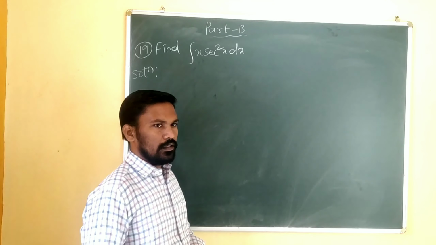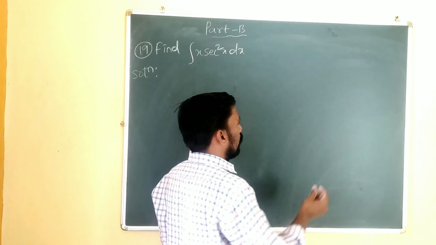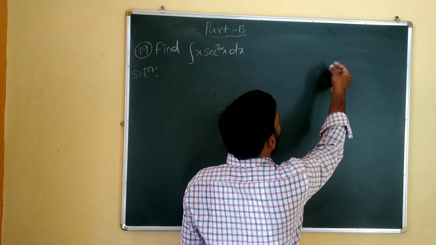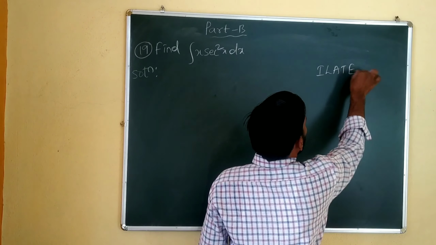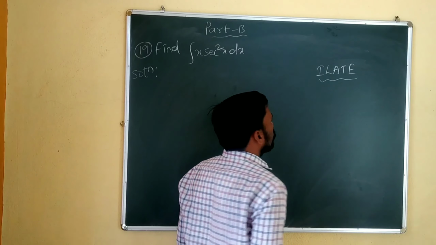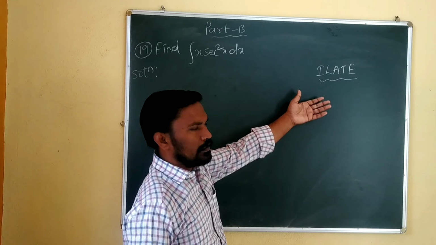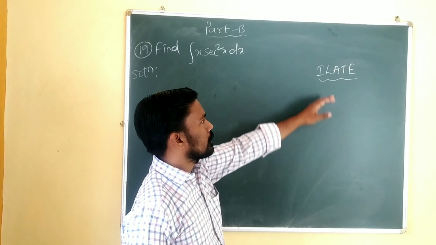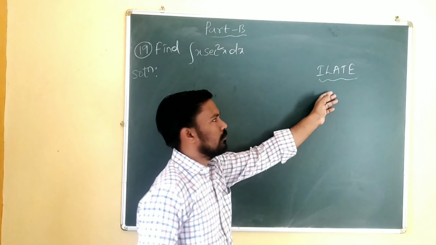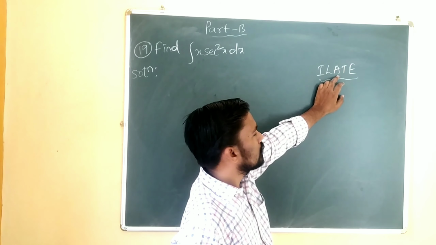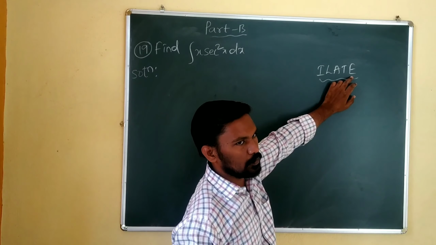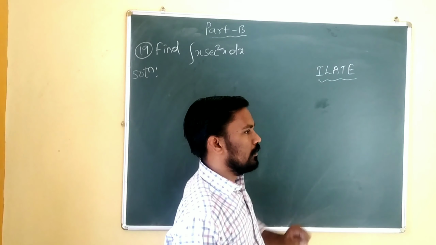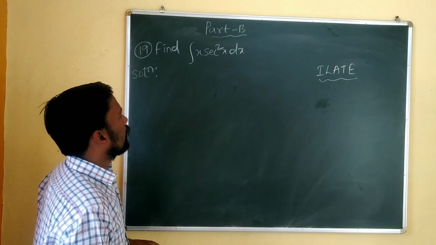Before applying that rule, we must follow the ILATE formula. Here, the first letter I indicates inverse trigonometric functions, the second letter L is for logarithmic functions, A means algebraic functions, T means trigonometric functions, and E means exponential functions. Look at the given function here.